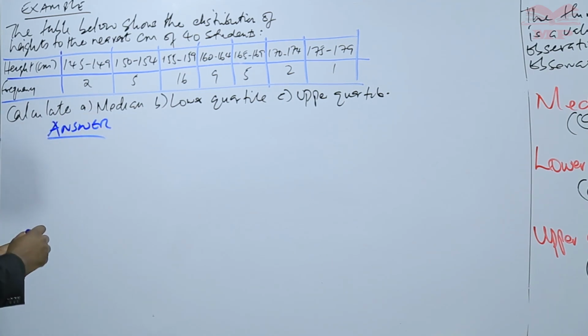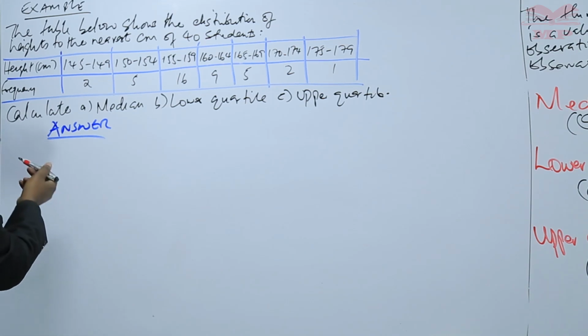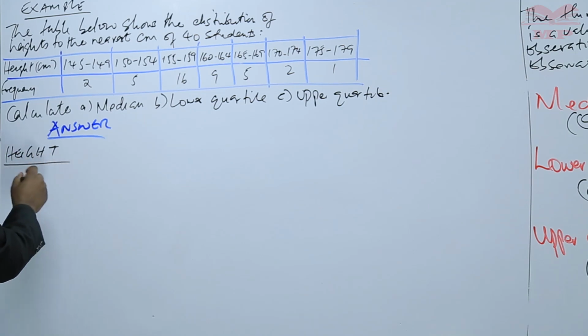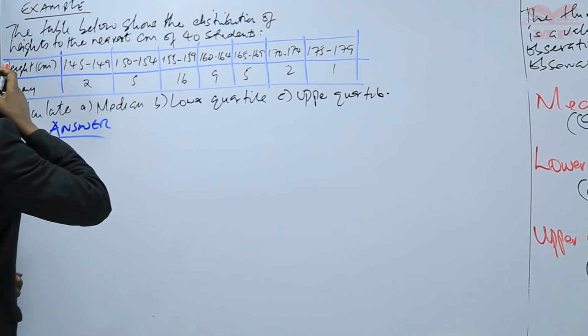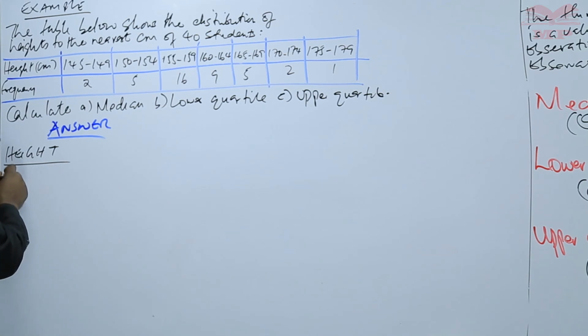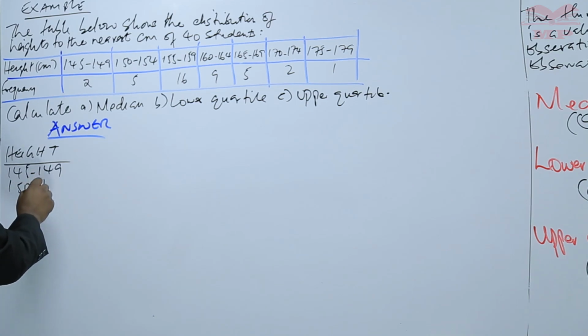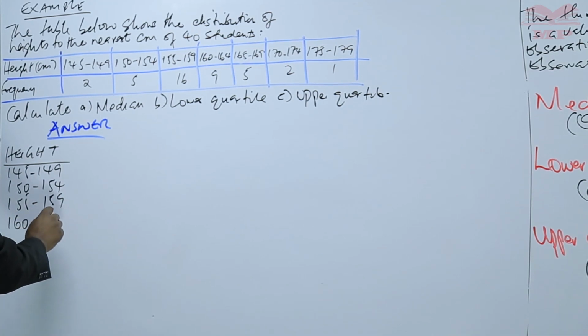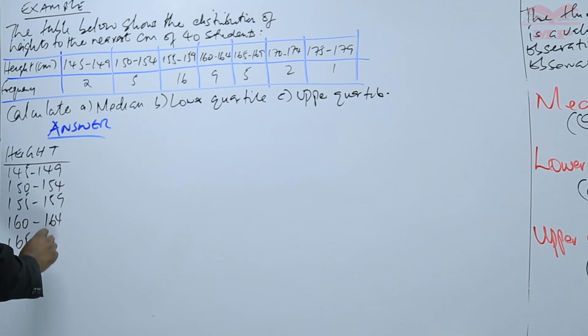Answer. So first we'll have the height, one column. We are going to put this data into two columns. We have 145 to 149, 150 to 154, 155 to 159, 160 to 164, 165 to 169, 170 to 174, 175 to 179.